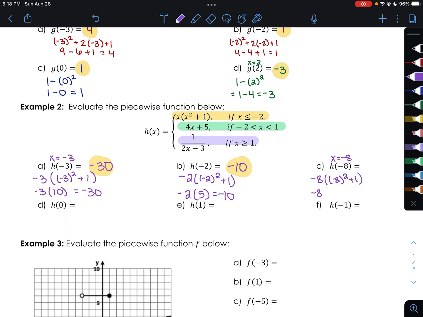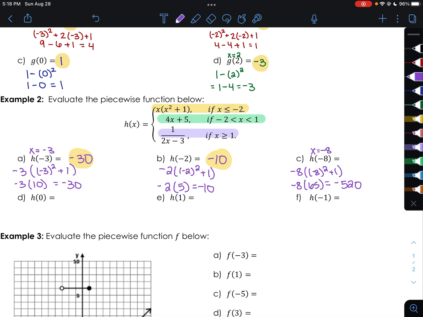Negative 8 squared is 64. 64 plus 1 is 65. And negative 8 times 65 is negative 520. So h of negative 8 is negative 520.